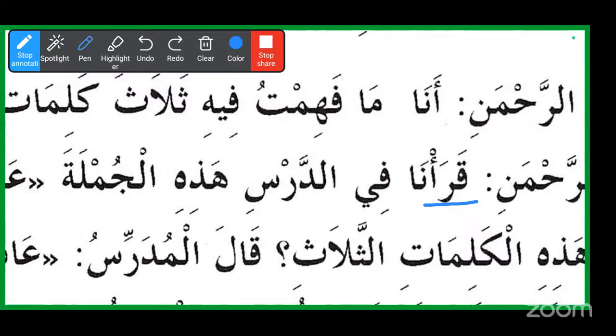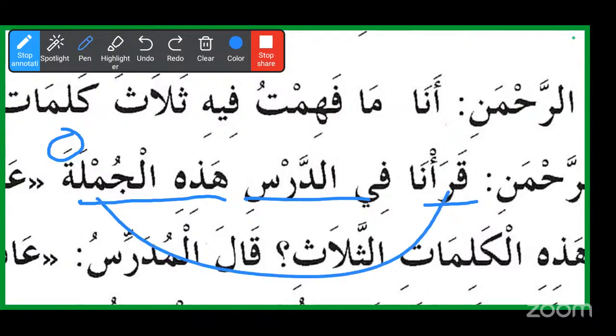قرأنا, we read في الدرس, in the lesson, هذه الجملة, this sentence. Why جملة? Because it is the object of reading. It is the object of قرأنا.